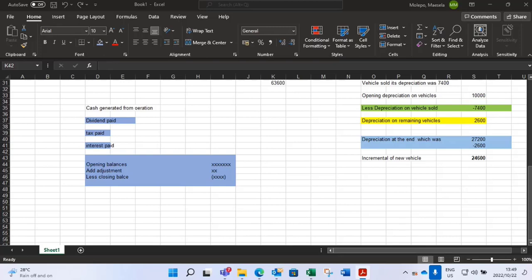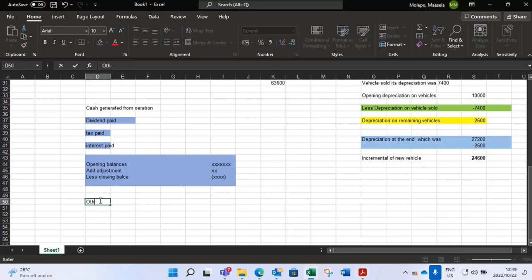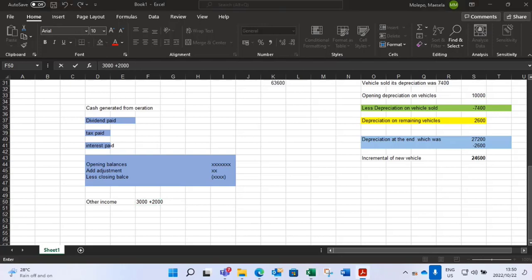Yeah, on page 9. They said on page 9 there is other income. You see that other income? Yep, I see it. Of 3,000 plus 2,000. So now we have to find what was happening with this.